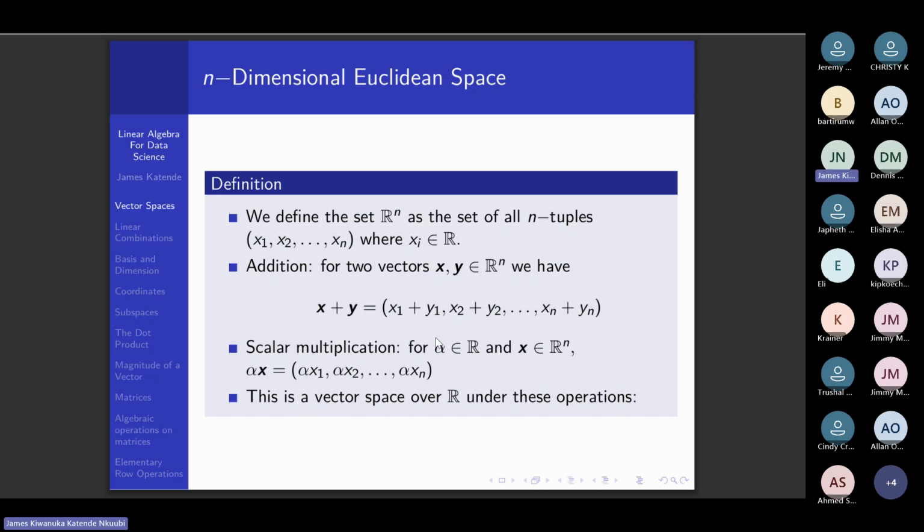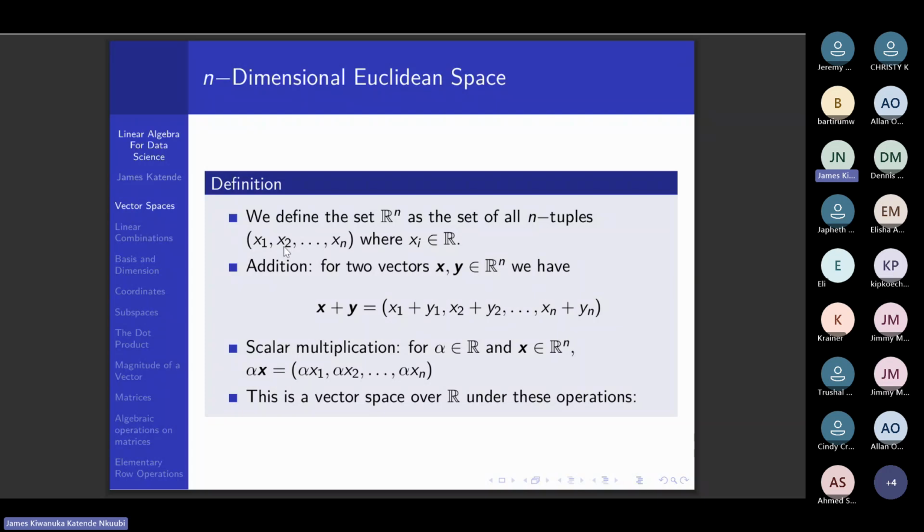So instead of working with 2 or 3 components in the vector, we can work with a finite number. In this case, n is just a positive integer. You can have a list of numbers, x1 up to xn, and put them in this form.